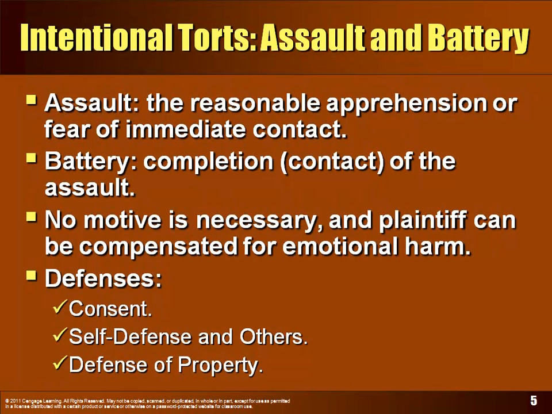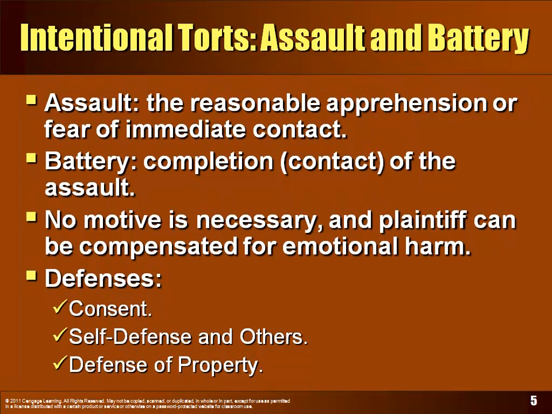Also, there's the argument that you were defending yourself. So you didn't say, hit me, but somebody tries to hit you, and you defend yourself. Or you're defending someone else. Or your property. You argue that I had to do this to protect my property. Generally, the law gives less protection when you're trying to protect your property. Notice these are defenses.